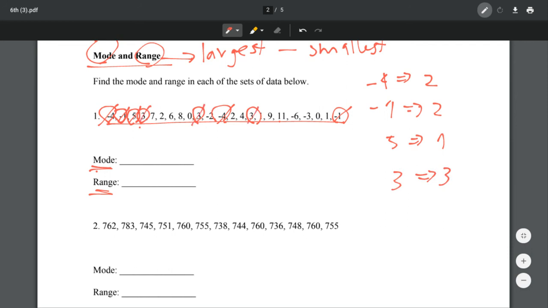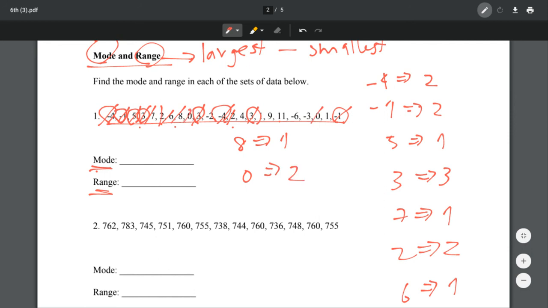How about 7? There's 1 7. How about 2s? There's 2 2s. How about 6? There's 1 6. There's a lot of numbers. How about 8? There's 1 8. 0. There are 2 zeros.